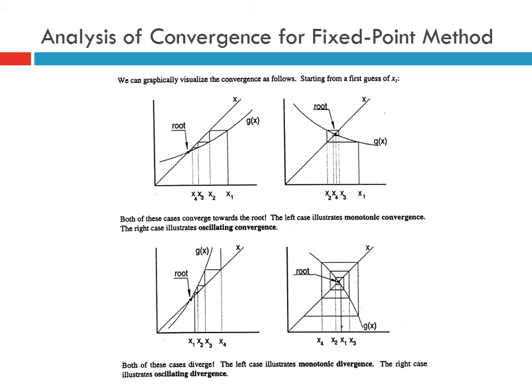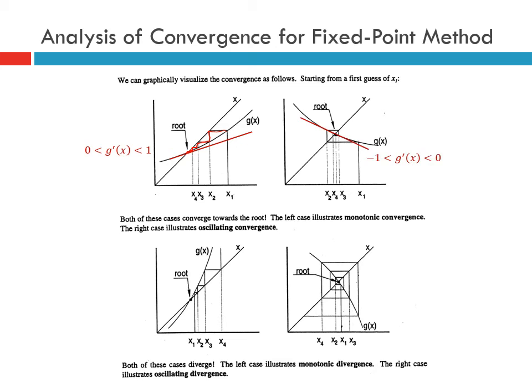So here, this shows 4 different cases for what could happen with our g and its derivative. In this first case, g prime is positive and it's less than 1. So this means that it will converge, and the convergence will be monotonic. So basically it means that my error will reduce each time, and I'm moving towards the root every time.